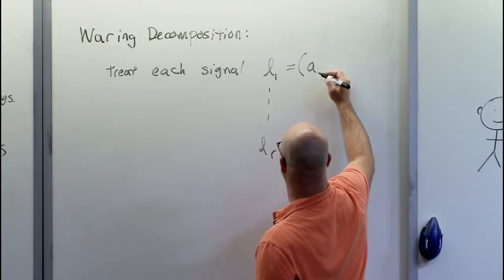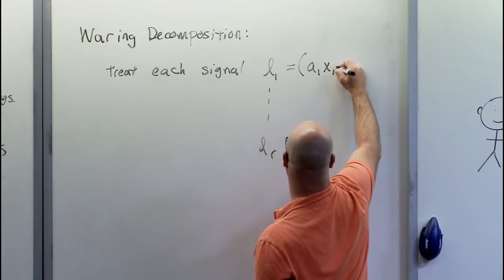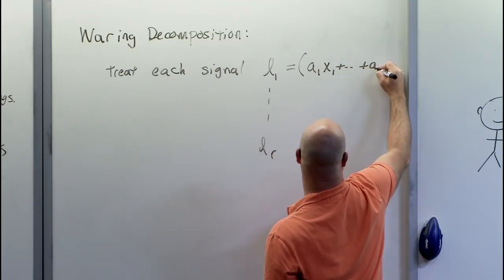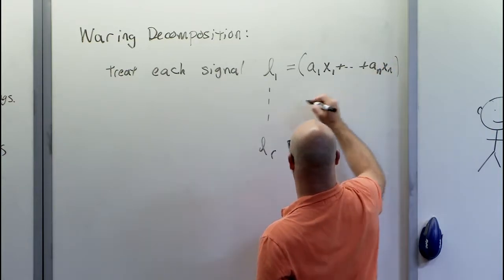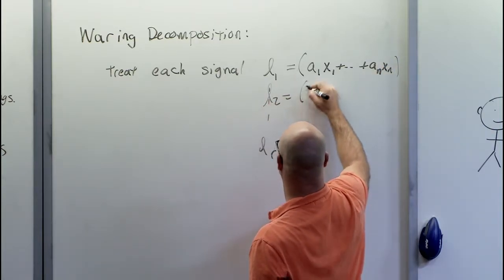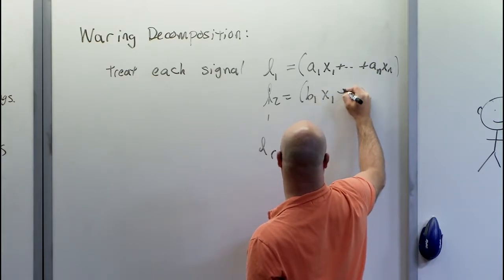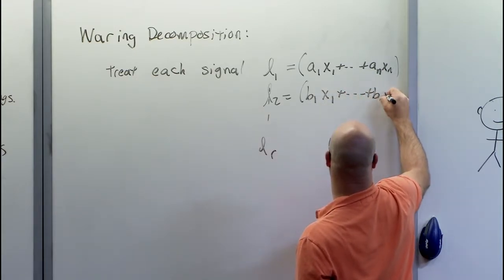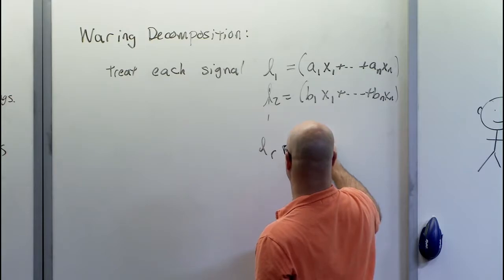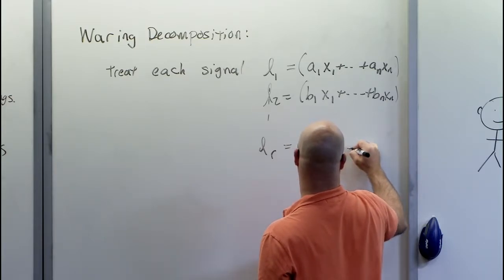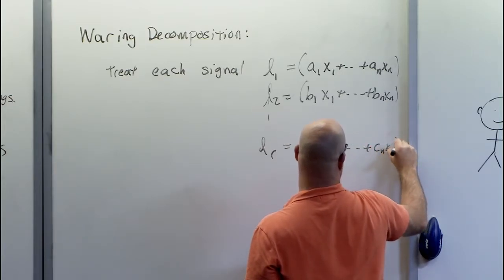So this will be, say, A1 x1 plus A sub n x sub n. And this next one, L2, will be B1 x1 plus Bn x sub n. And the last one will say be C1 x1 plus Cn xn.